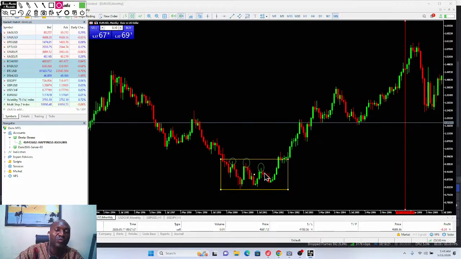Now, for you to know it's a downtrend, this lower high is supposed to give us a lower low. Now look at what happened. It went up, and this place did not beat here, and it came down.